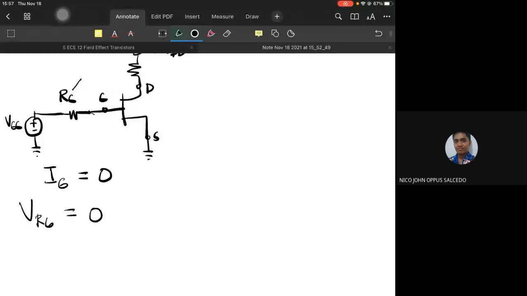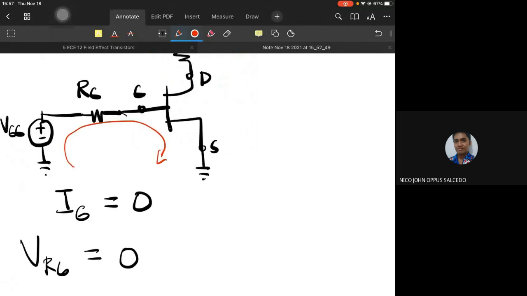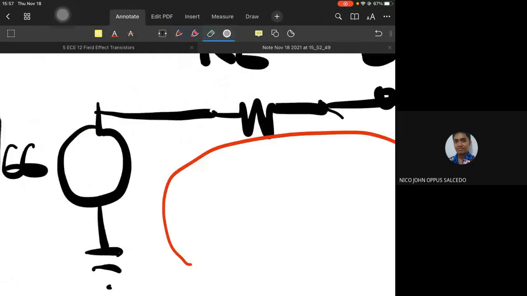So if we do KVL here, I think my polarity is wrong, it should be minus plus.